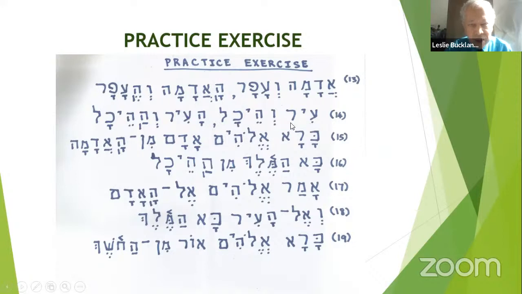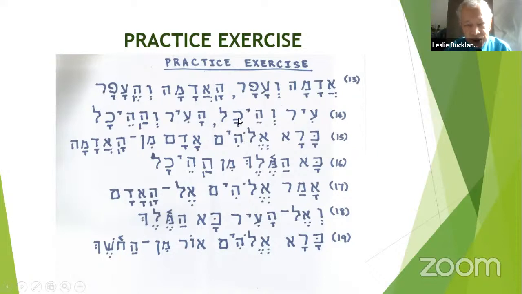Ir means city, we is and, and hekal may be translated either as temple or palace, depending on the context in which it is used. In this kind of exercise, it is not possible to know in what context hekal is being used because I don't have it in a story. I don't have it in a chapter.